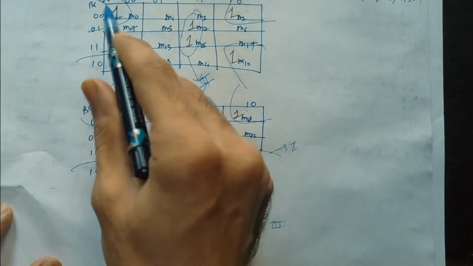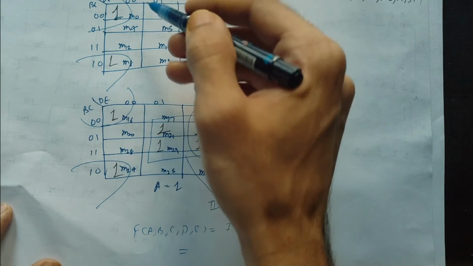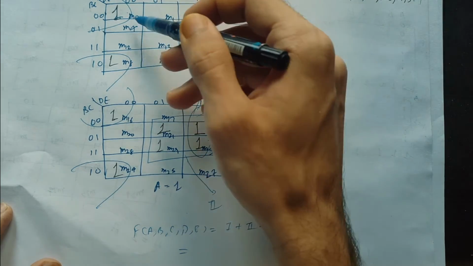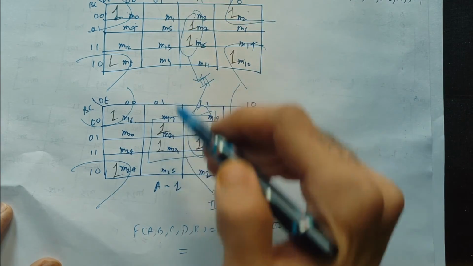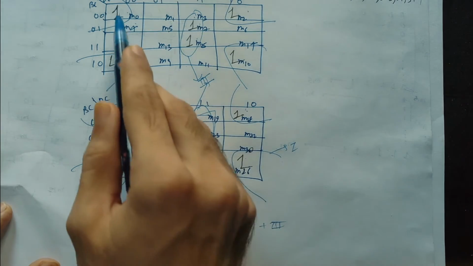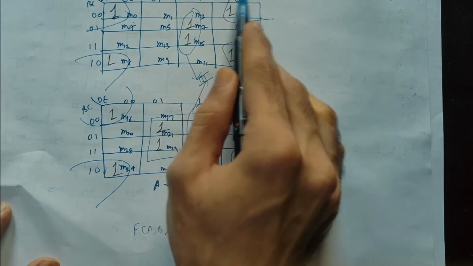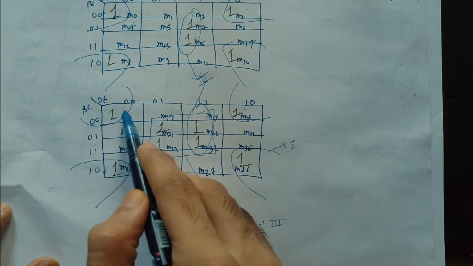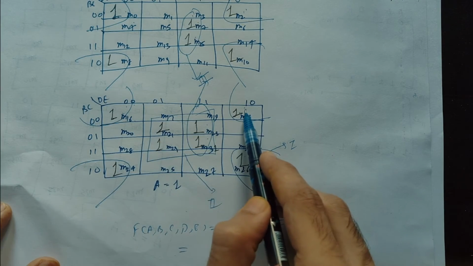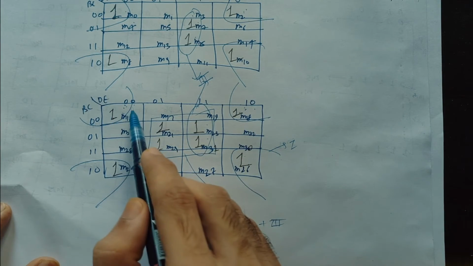Now in the first group, which is these 8 corner ones, moving from this map to this map, A is changing from 0 to 1, so we will neglect A. Moving from this cell to this cell, D is 0, E is 0, then D is 1, E is 0, so D is changing from 0 to 1 and will be neglected.